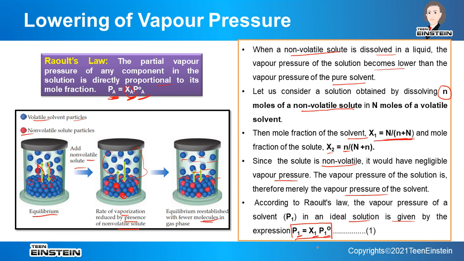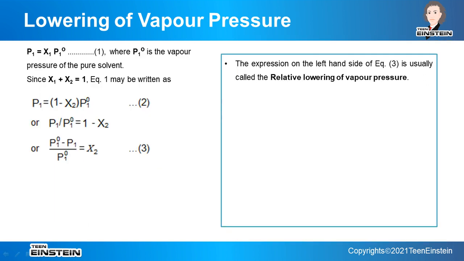Now from this equation 1, in place of X1 you can put this value. This is equation 1, and P1 naught is the vapor pressure of the pure solvent, that is before we have made the solution, when it is in pure condition. And mole fractions always add up to 1.